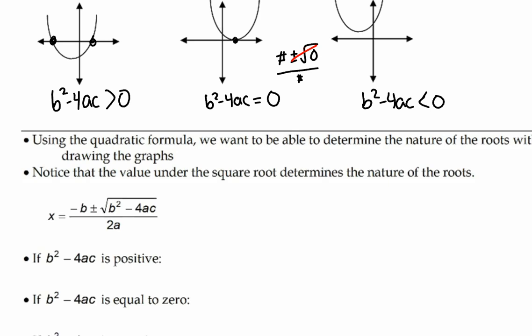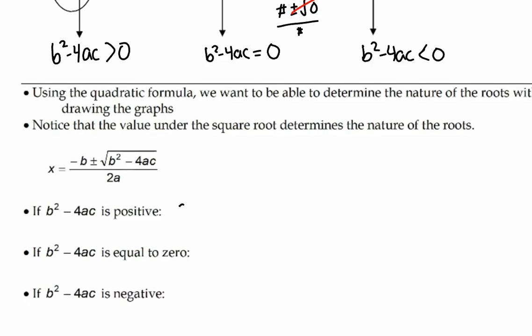Okay. So we have 2 x-intercepts if it's positive, or 2 solutions, 2 zeros. If it's equal to 0, we have how many? 1. And if it's negative, we have no x-intercepts, 0.